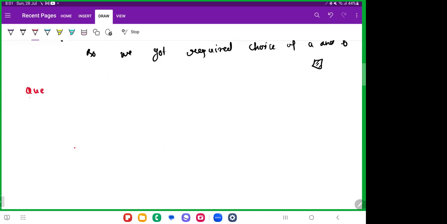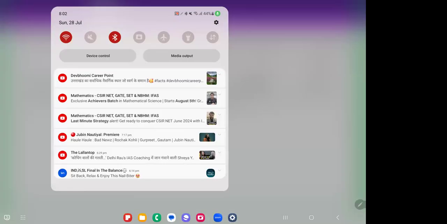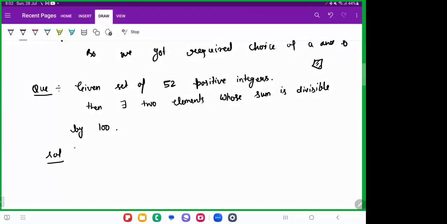Question: given a set of 52 positive integers, there exist two elements whose sum is divisible by 100. So how to approach this? Any idea?